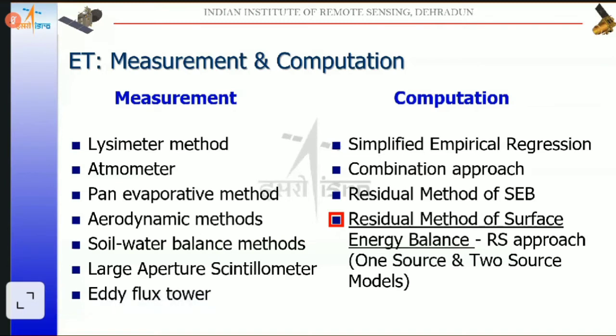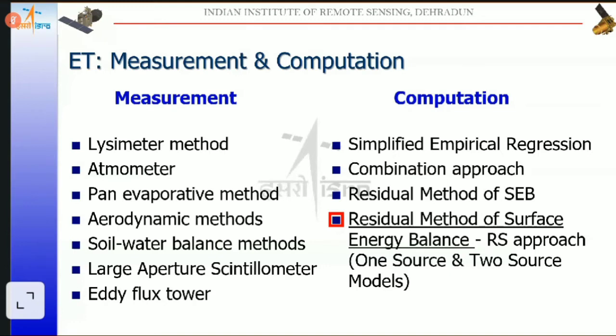With computation, we can compute based on a few observations at the ground level, along with this scientific or modeling approach. We can further go for computation of regional as well as, you can say, state level ET estimation.